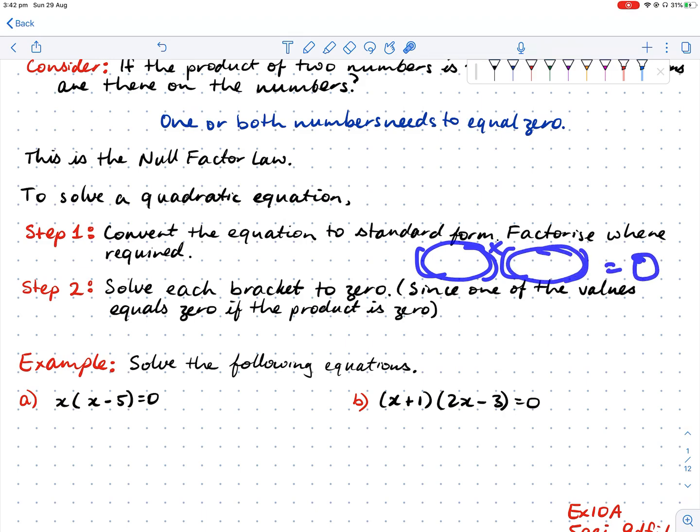And you can see now where the Null Factor Law comes in. If these two things multiply to equal 0, then one of them must equal 0. So part 2 is to solve each bracket equal to 0. Either the first one is equal to 0 or the second one is equal to 0, and that will give you your possible solutions.